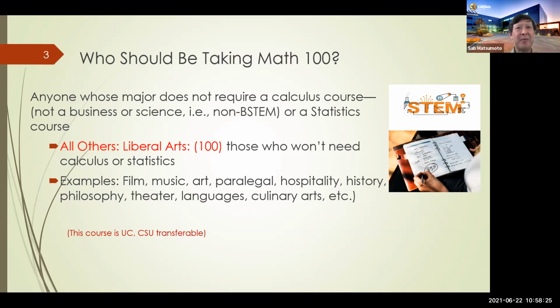Now, I have many students in film, music, art, paralegal, hospitality, history, philosophy, theater, languages, culinary arts, and etc. So all of these students who are non-B STEM, whose program does not require a statistics course, can and belong to Math 100. And by the way, Math 100 is a 3-unit math class, which is transferable both to UC and CSU schools. We have an articulation agreement with both of these statewide campus systems.